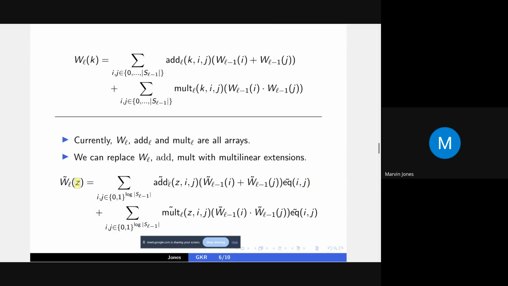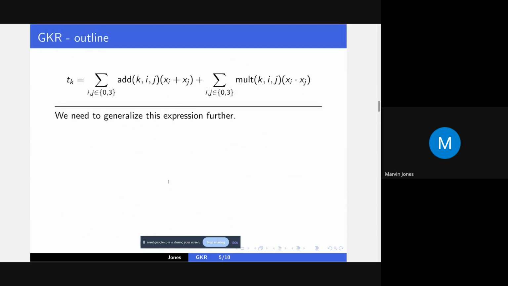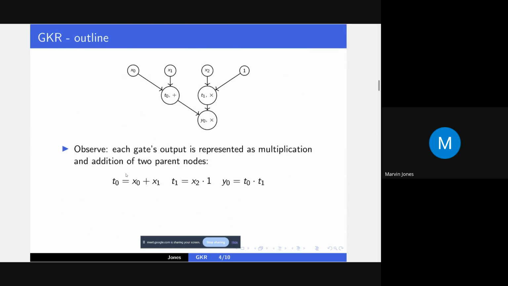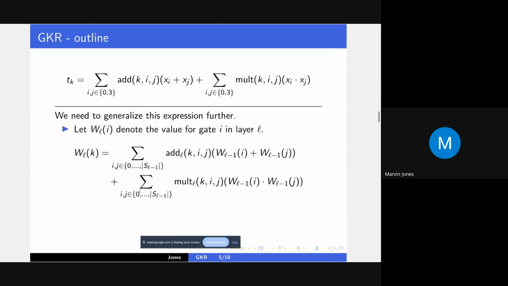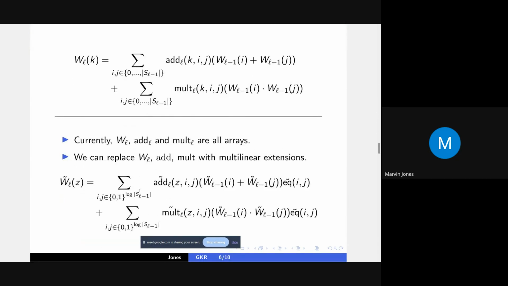All right. So again, you're probably sitting there going, okay, you went from something really nice and obvious, like t0 equals x0 plus 1, that's very nice, to what the heck?